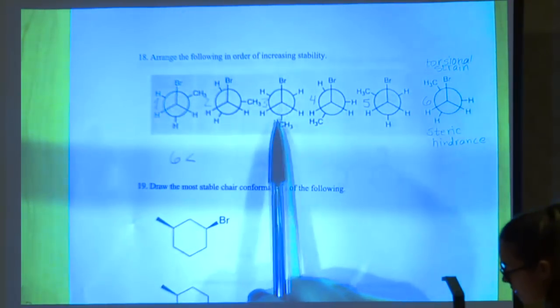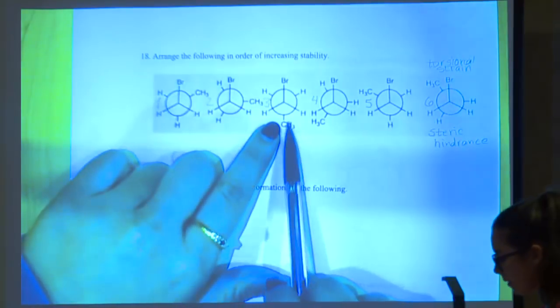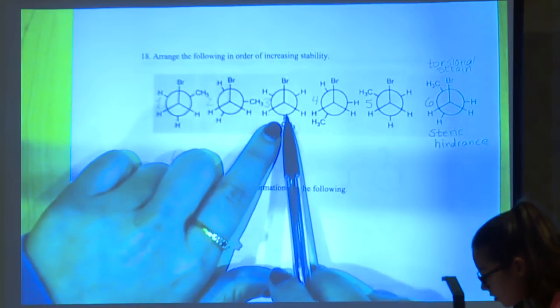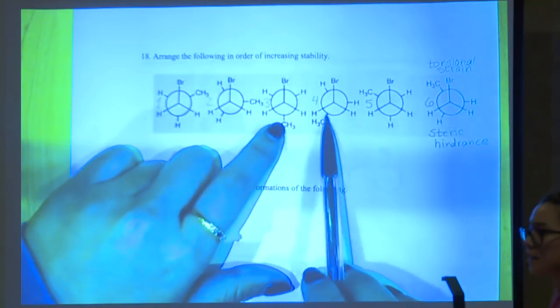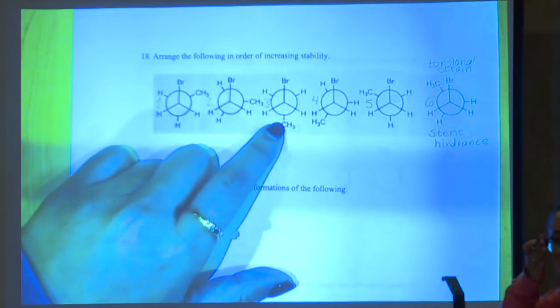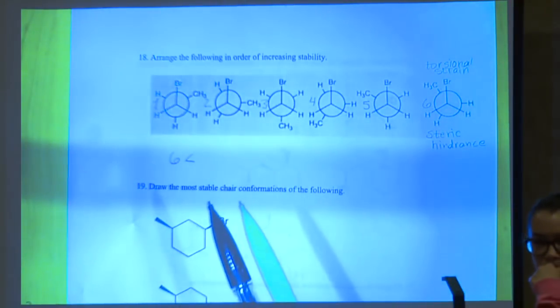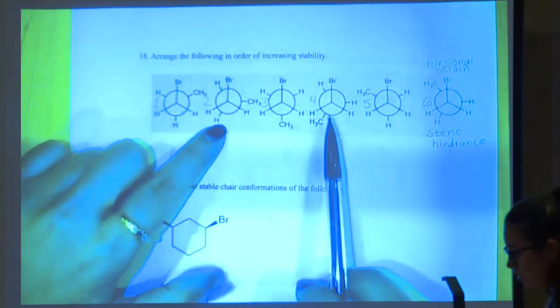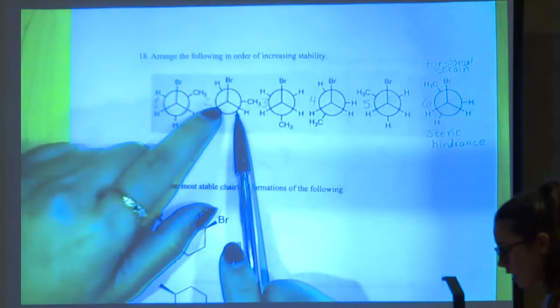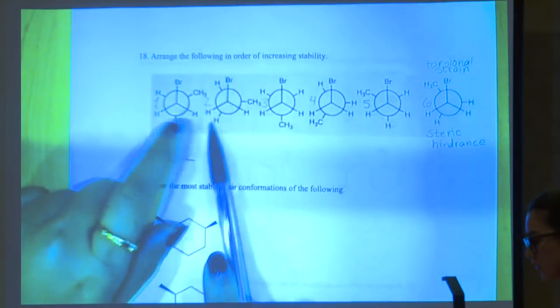So in this case, 3 is the same as 4, but 4 is eclipsed. So it's just rotated. Yes. 2, yeah. So that's what I'm trying to say. This one, on the other hand, is like number 1 because you need to rotate it.